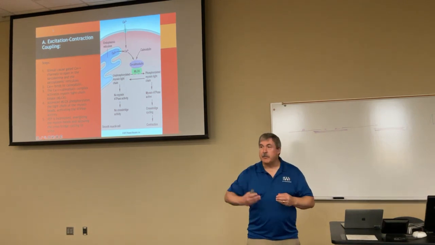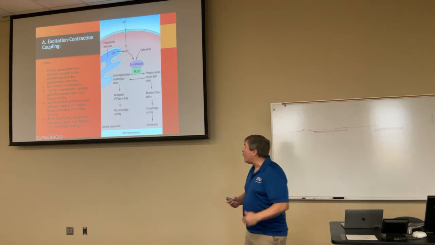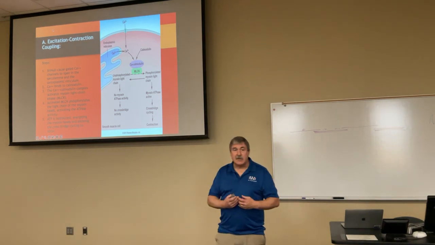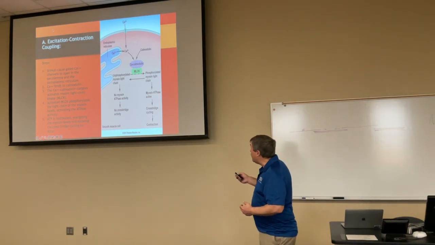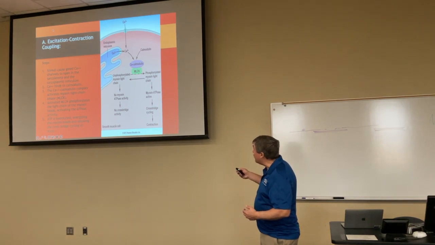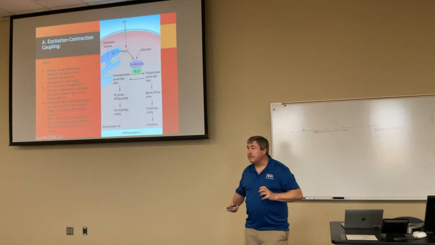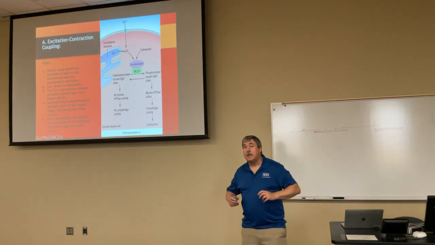That uncovers the binding sites for myosin heads, and cross-bridge cycling occurs automatically. Here, calcium binds to calmodulin. That activates an enzyme called myosin light chain kinase. That adds a phosphate to the light chain of myosin, and that turns on the ATPase activity.